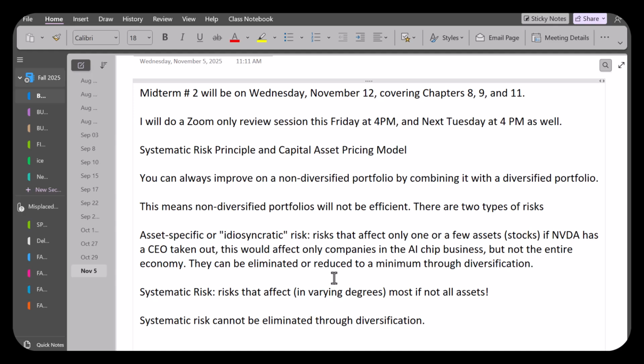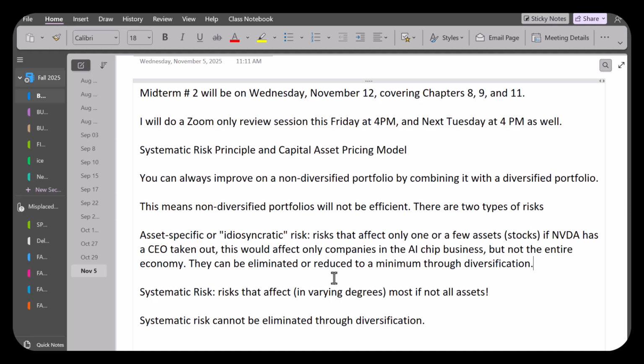In a sense, asset-specific risk or idiosyncratic risk is a risk you don't have to bear. I mean, if you want to have a portfolio that's comprised of only NVIDIA, you are taking that risk. But we also know that that is an inefficient portfolio because we can do better, both in terms of expected return and risk.